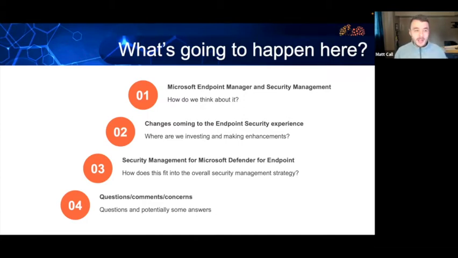I'm going to talk a little bit about endpoint security changes that just went live on Tuesday, so you'll see some new things in the Endpoint Security Blade. I'm going to talk about those real quickly. More importantly, I'm going to talk about the why we did them, to give you some inside baseball on why we made the decisions we made to migrate these experiences.